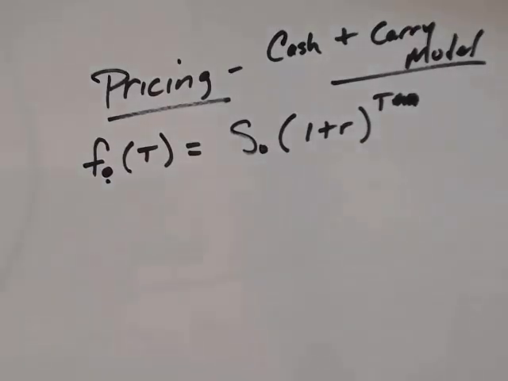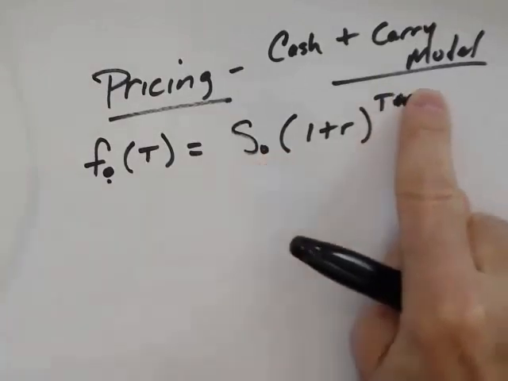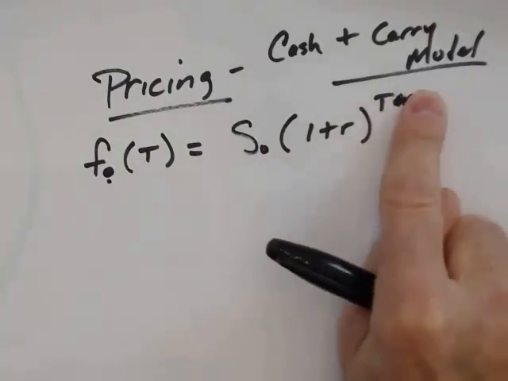So when we did options, we did the binomial, and then we did the Black-Scholes model. Those two models are the workhorse models of options. This is the workhorse model for futures contracts. Okay?